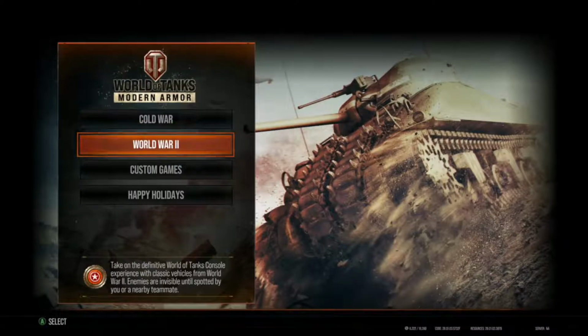The other thing I want to define is RNG. What that stands for is random number generator. And what happens is there's a little bit of randomness when you're shooting your shell at another tank. The first thing that you have to determine is whether that shell actually penetrates that particular piece of armor.